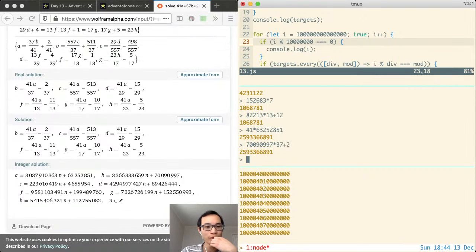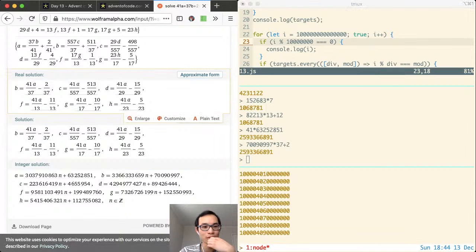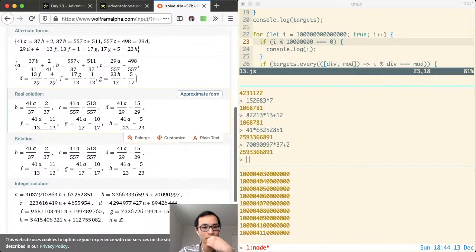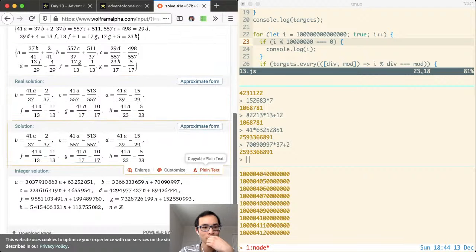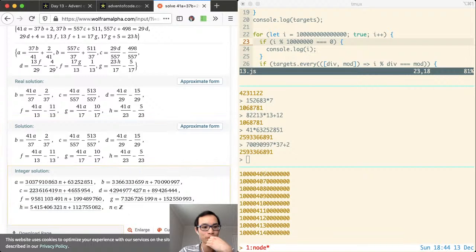Look, we have this thing here. We have everything in terms of a. But how does that let you arrive at a solution? I don't know the maths behind this.